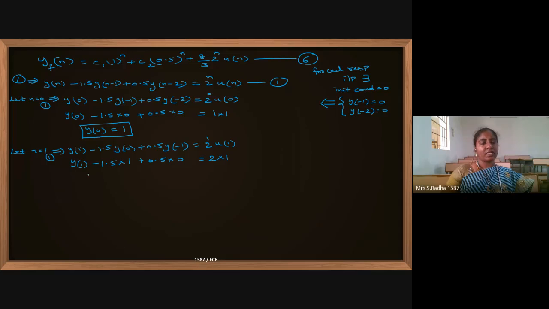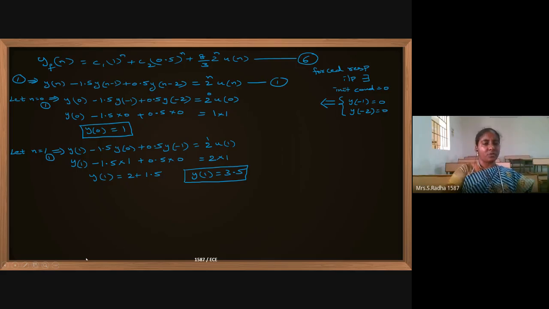So y of 1 equal to 2 plus 1.5, which is 3.5. What we are doing in all these steps is substituting initial conditions as 0 in the given question itself and getting some values. These values we have to substitute in equation 6.